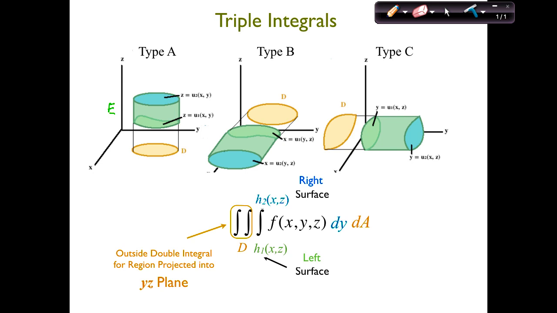And then our projection into the xz plane. We're going to do a double integral in the xz plane of however that solid projects, or think of it as the shadow of it in the xz plane. Or if you just flattened it on the xz plane, what would you get?